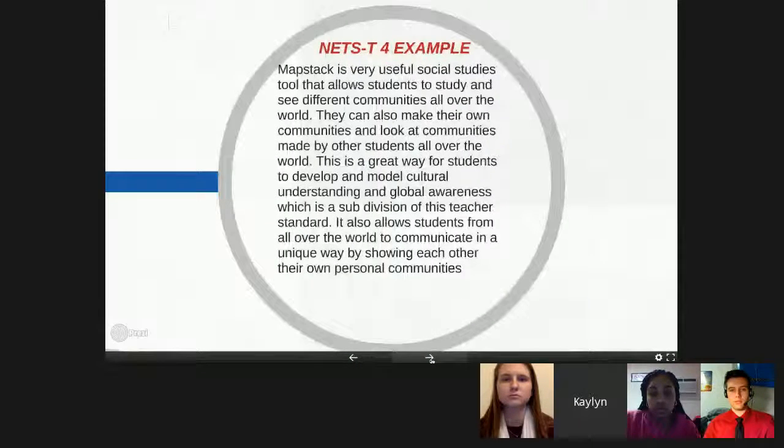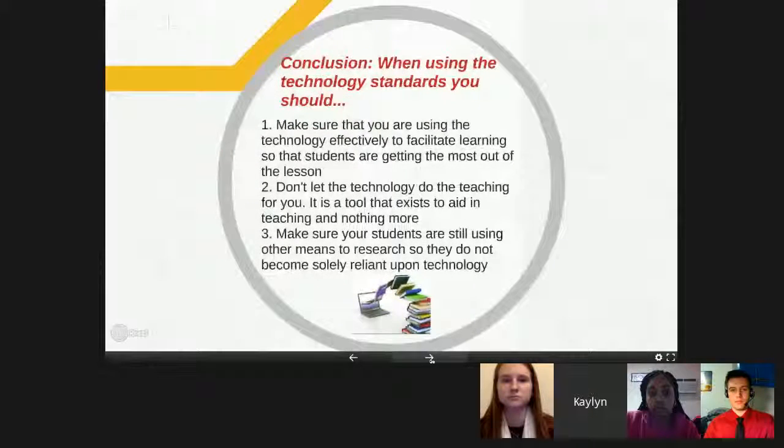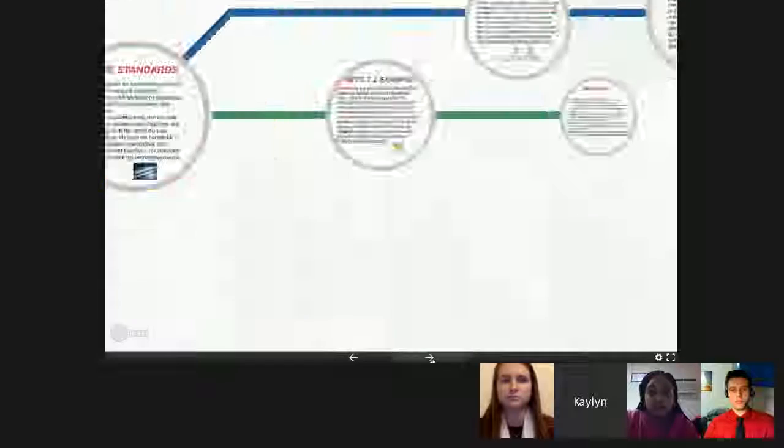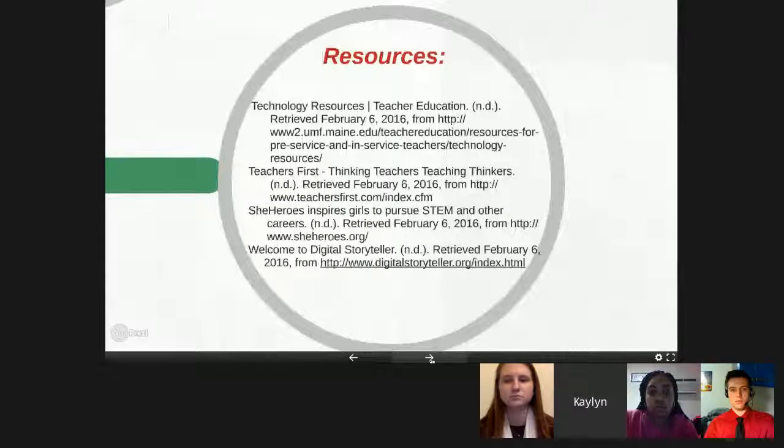And lastly, MapStack, where students have the opportunity to design their own community, look at communities all over the world, and see what other students are designing and what their homes may look like. And these are my resources.